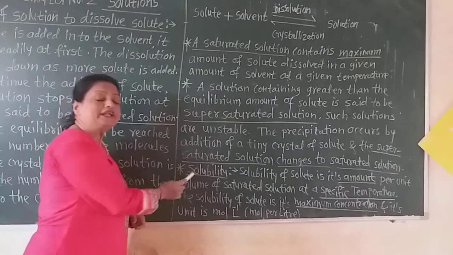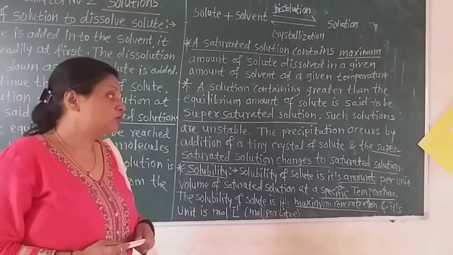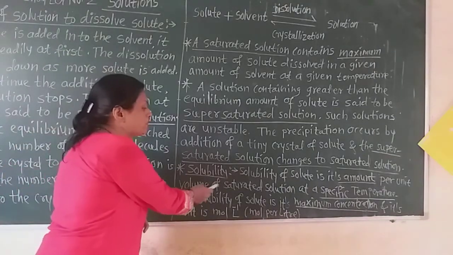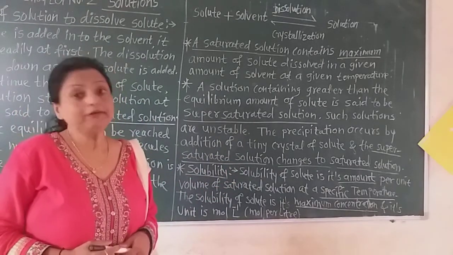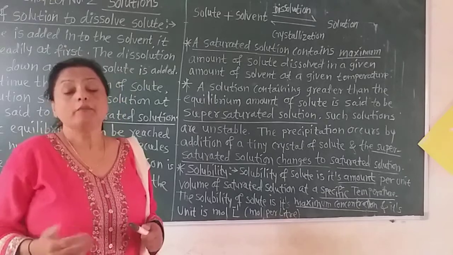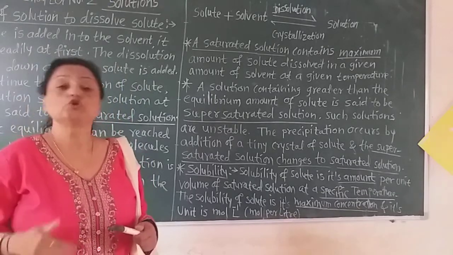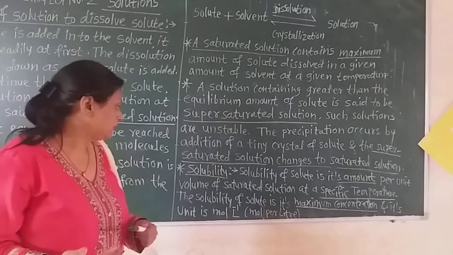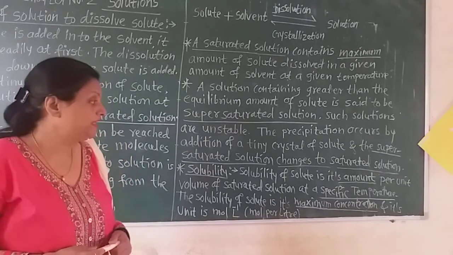Now what is solubility? This is a very important concept. Solubility of the solute is its amount per unit volume of saturated solution. How many grams of the solute are dissolved or present per unit volume of the saturated solution is called the solubility.